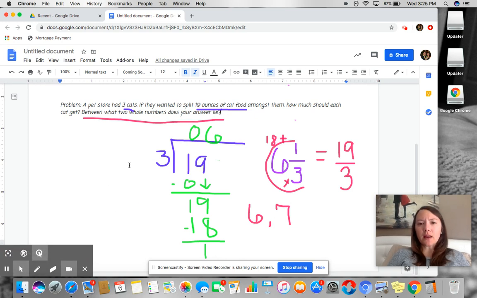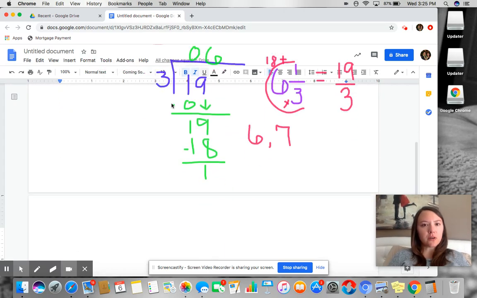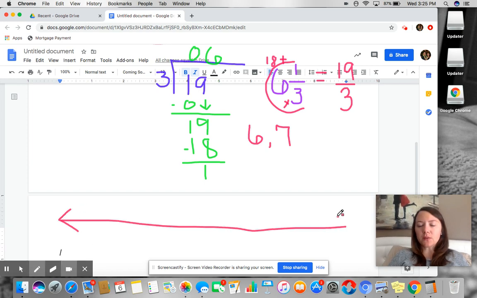And if you think about it, we can use a number line. Let's see if I can give some more space here. I'm going to draw you a picture of a number line real quick, just so you can kind of understand what I'm saying here. So if I had 6 1/3, I'm going to partition my line into thirds. So here I would have 6, and the next whole number would be 7.